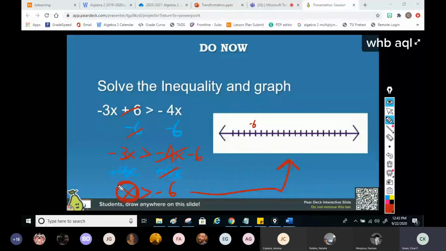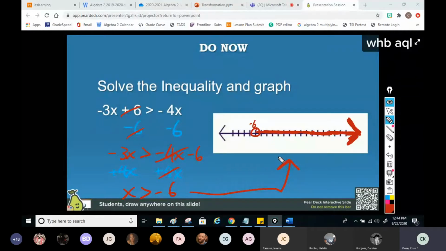Any number greater than -6, we are looking at -5, -4, -3, -2, -0. All these numbers are greater than -6, so we will shade the right side. And without the equal to, we'll have an open circle.